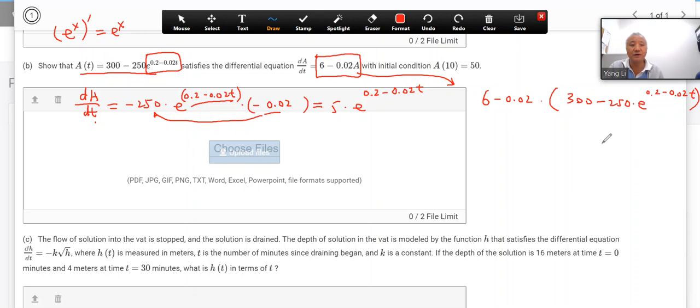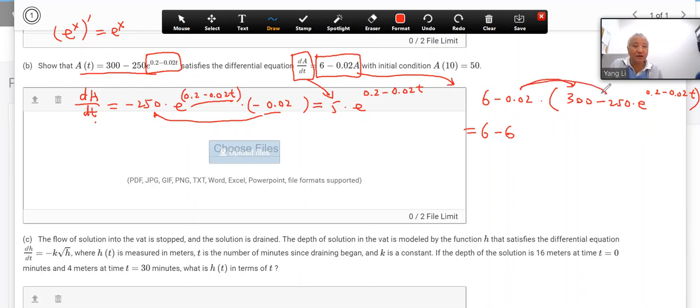When we do this, the right side is 6, and then 0.02 times 300 gives 6, so minus 6.